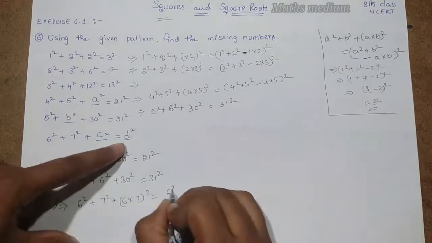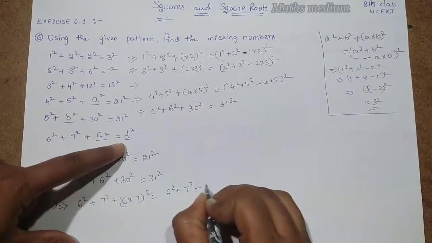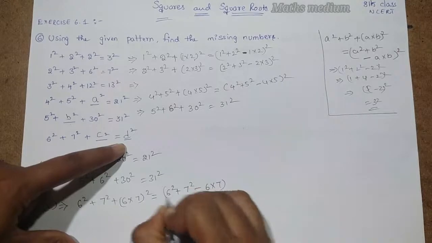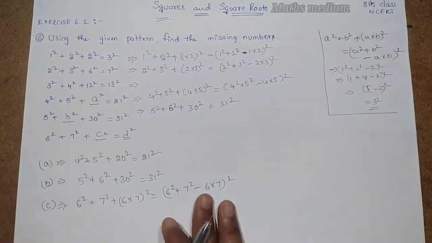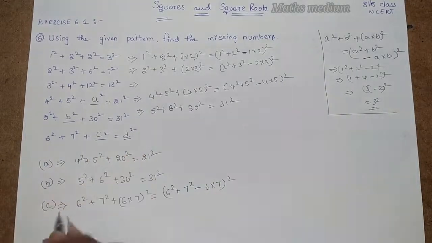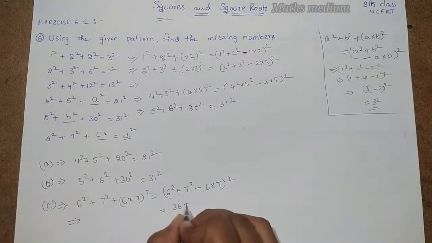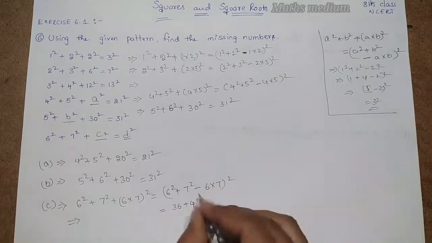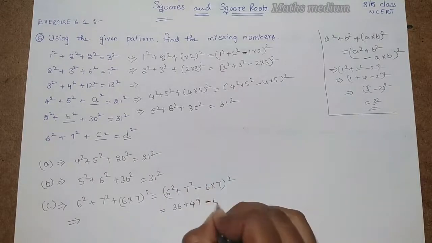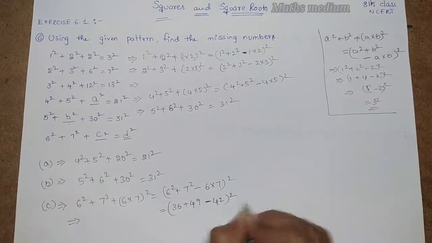the 6 square plus 7 square minus 6 into 7 whole square. By solving this equation, we get both C and D values. So 6 square is equal to 36 plus 7 square is equal to 49 minus 6 sevens are 42 whole square.